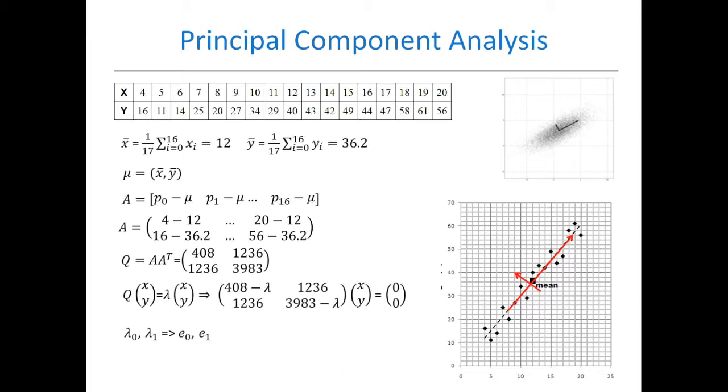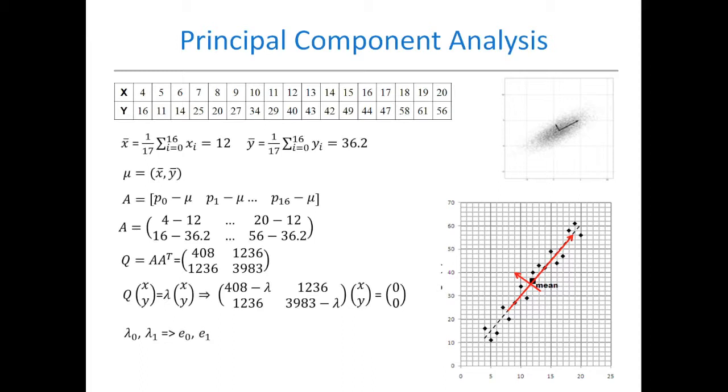Then we take this to be equal to 0. We multiply lambda by a unit matrix and move it to the other side, and this is the simple matrix we get.